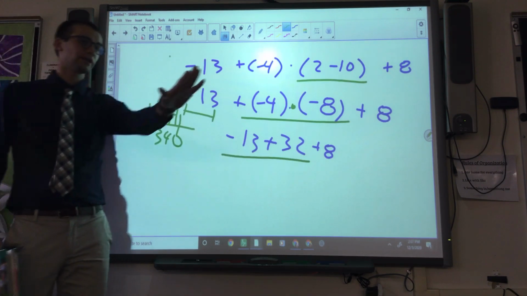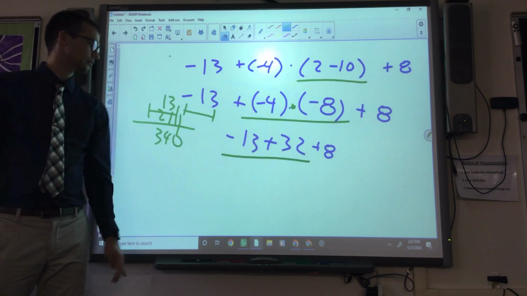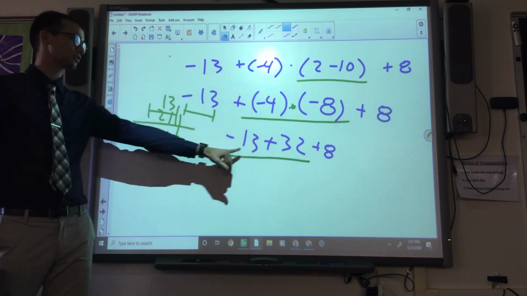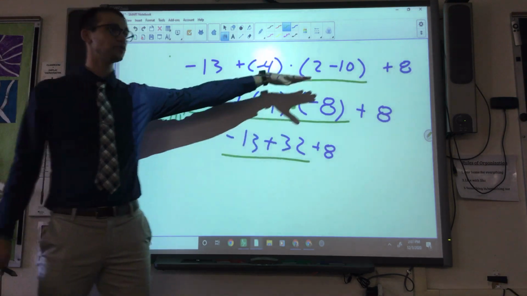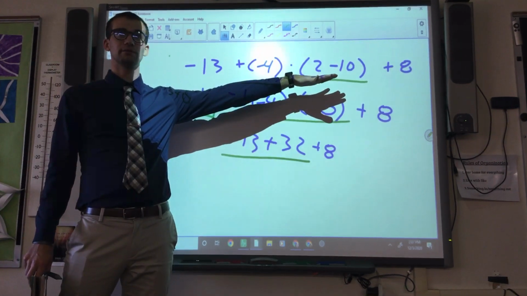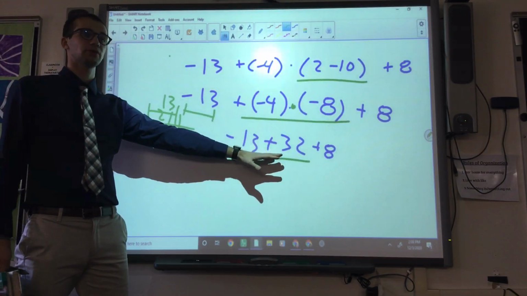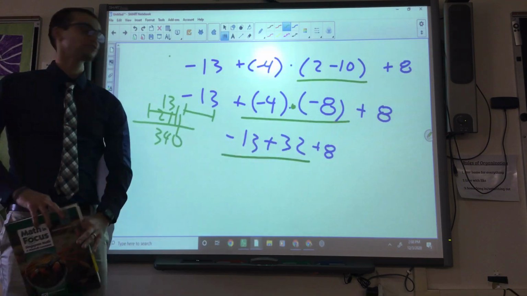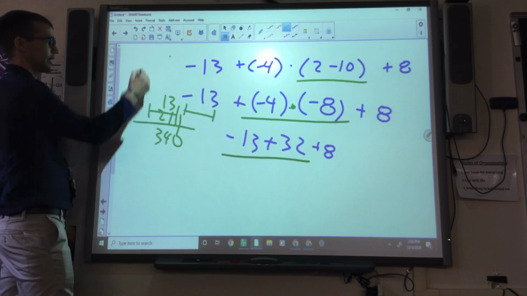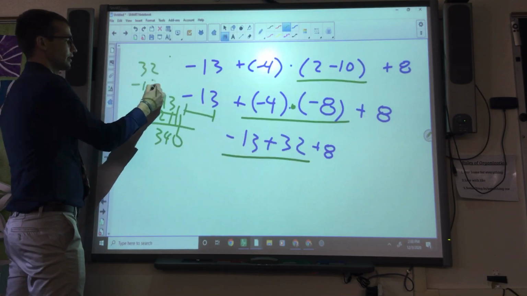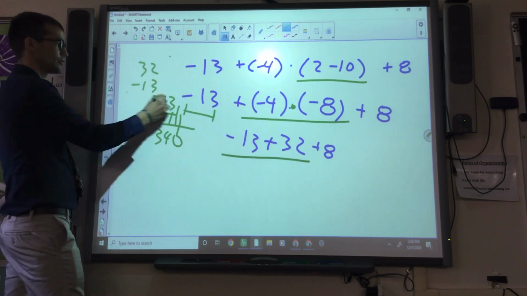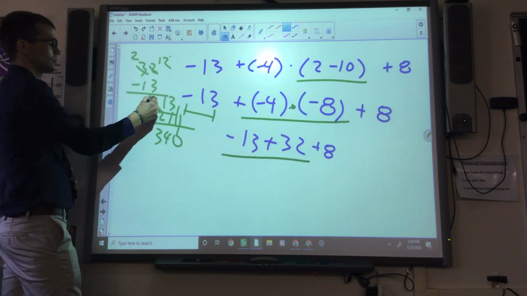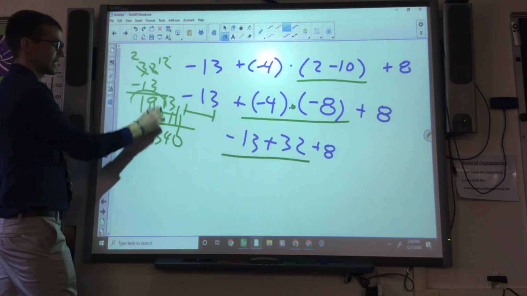Yes, you're disappointed with yourself, whatever, but this is why you don't guess and check, especially with stuff like this. Things like 2 minus 10, I kind of expect you to be able to get by this point. Negative 13 plus 32, I do not expect you to get at this point. If you can rationalize it, you can write off to the side, what's 32 minus 13? Then you get 12, then 2, 9, so it's 19.